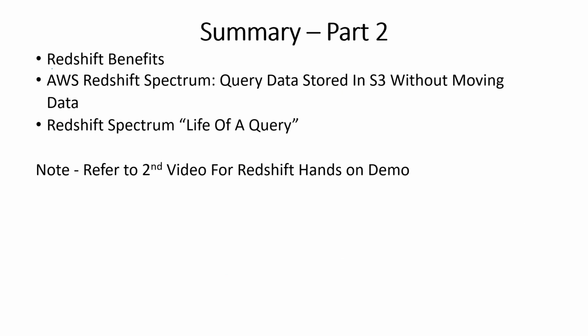I also covered Redshift Benefits. I also covered AWS Redshift Spectrum Service, which allows querying data stored in S3 without moving the data. And I went through life of a query in Redshift Spectrum. I have provided a second video for Redshift hands-on demo.